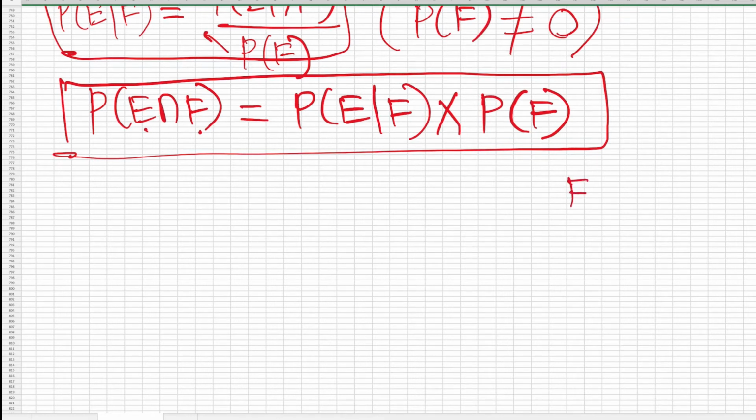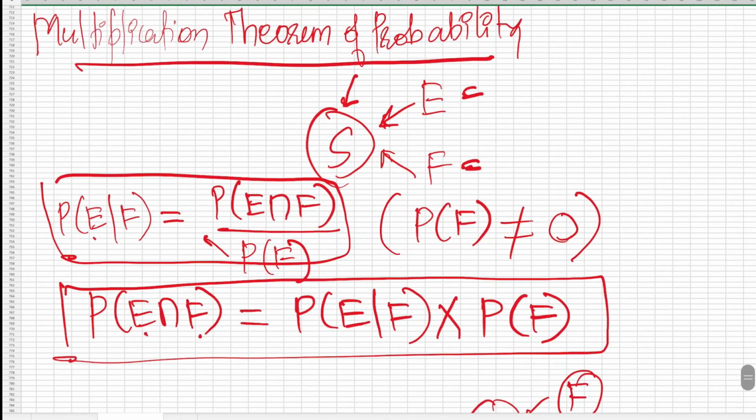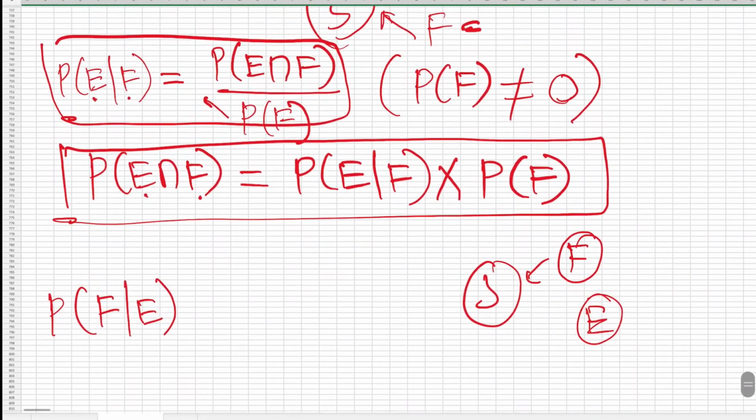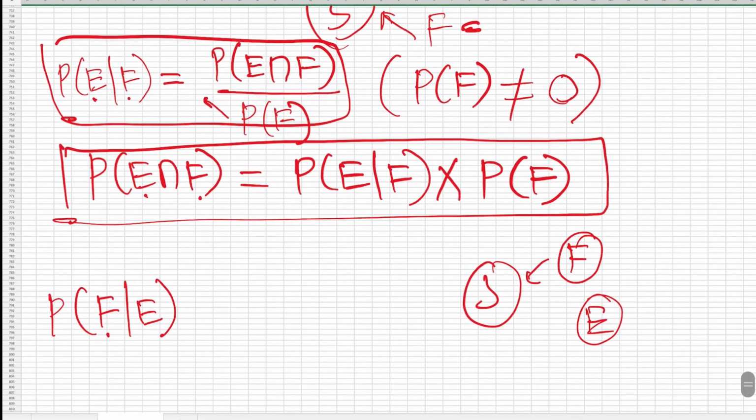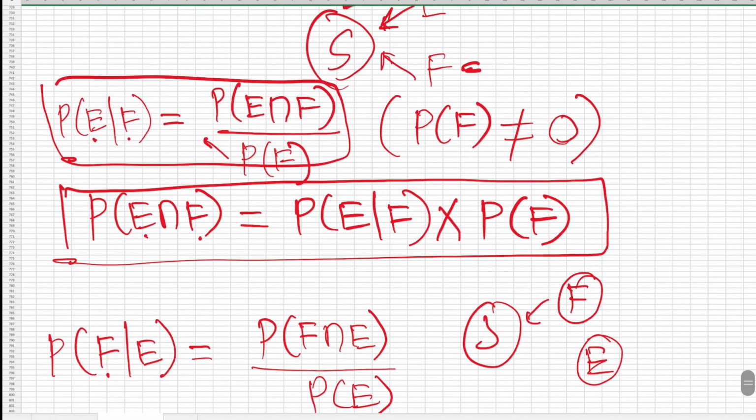In the same way, if we want to calculate the conditional probability of F given E of the same sample space, this time we are talking about F with E given. Last time we talked about E given F. What would it be? P(F and E) divided by P(E), because E is given.